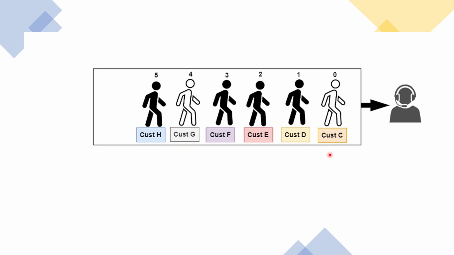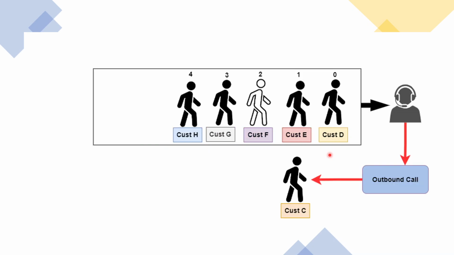He has already disconnected from the call flow. As soon as his position comes up in the queue, customer C will get an outbound call from the agent; the agent's phone rings.